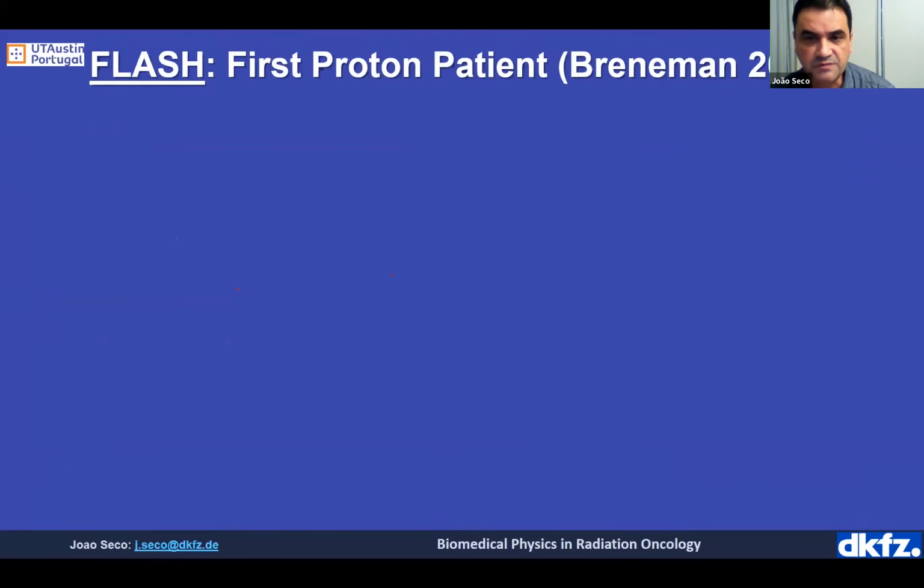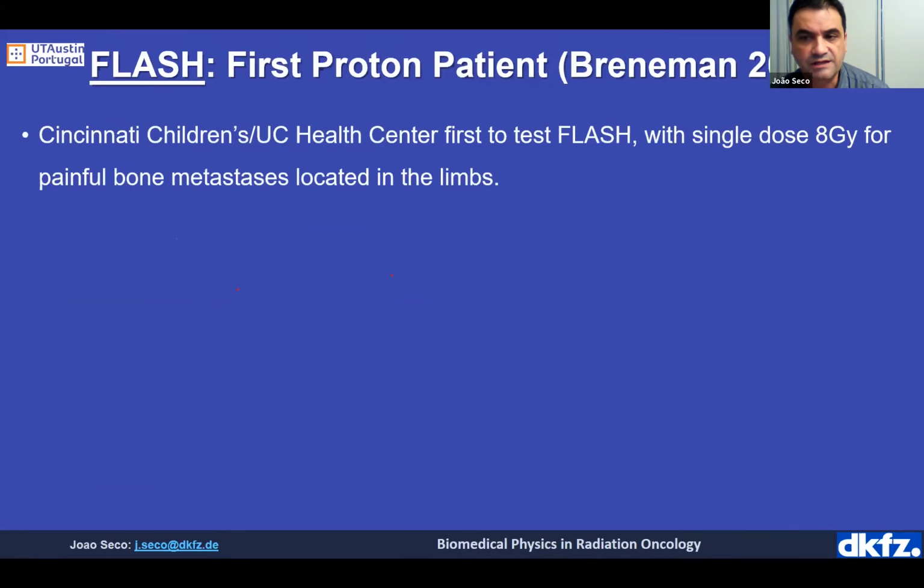Okay, so the first proton patient was treated very recently in Cincinnati by Breneman et al. And they've used flash to treat an extremity, like an arm or a leg. And they've given a single dose of 8 gray. So I think this is a little borderline for flash effects, but that's what the protocol has done.